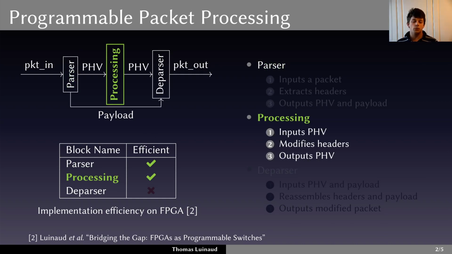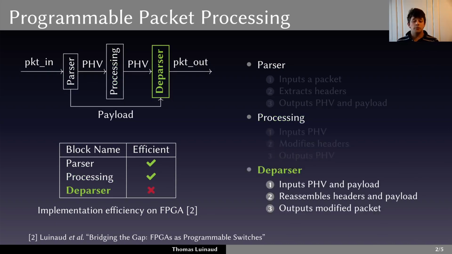The processing block will, according to a code, modify the PHV. Finally, this PHV is sent to the deparser with the payload. The deparser will reassemble the headers with the payload, meaning that it will insert all headers and then insert the payload to generate the new packet.